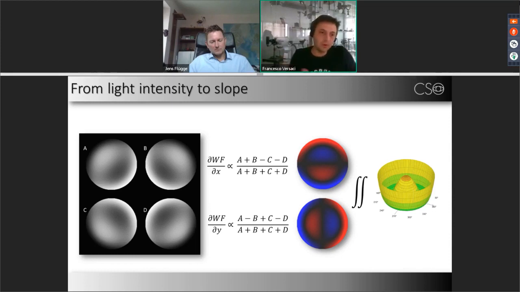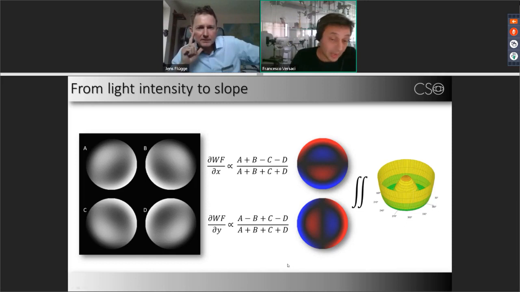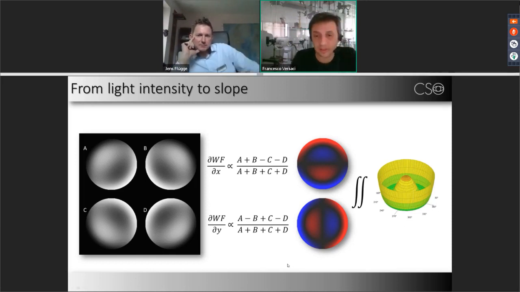So the slope creates some changes in the light intensity on the 4 pupils, and by means of this simple subtraction among images of the pupil, I can calculate the derivative of the wavefront along x and y.